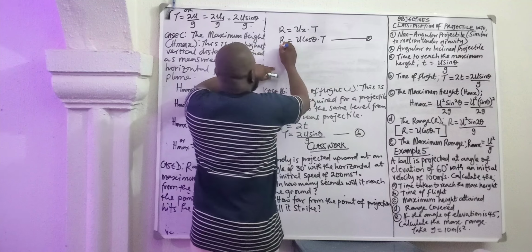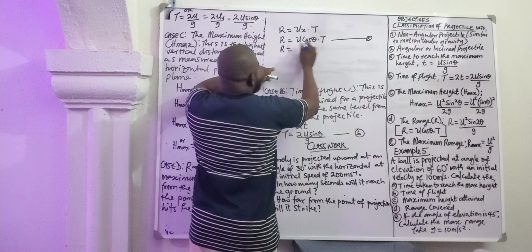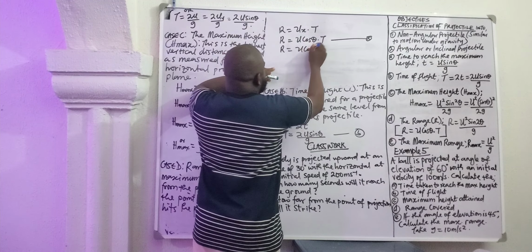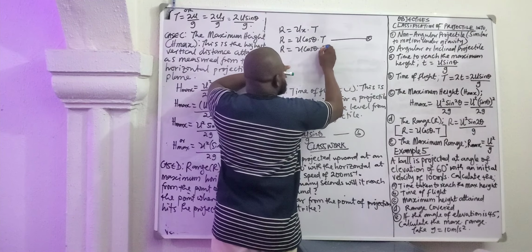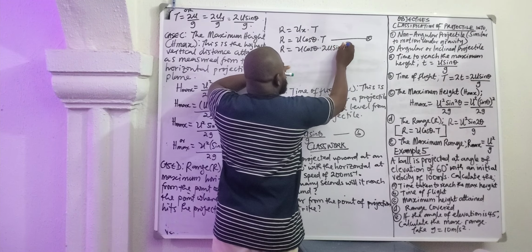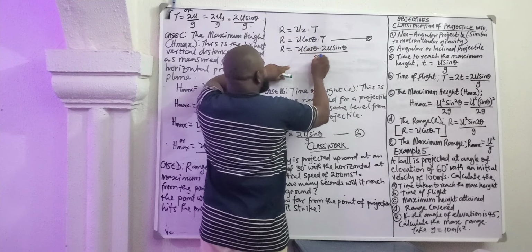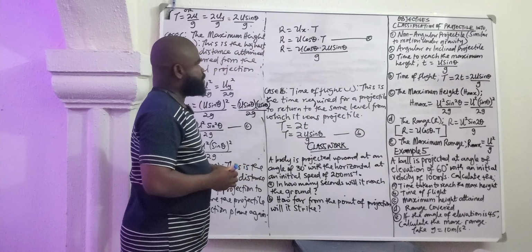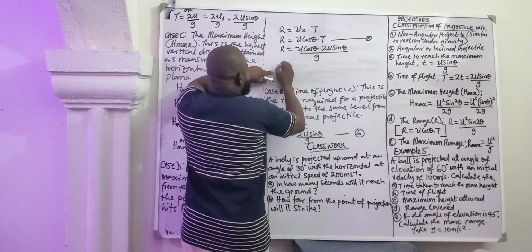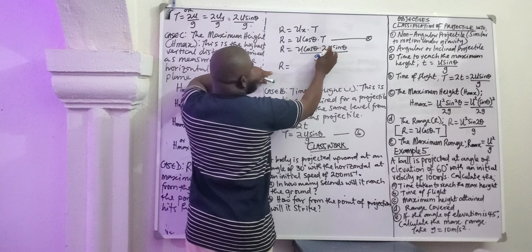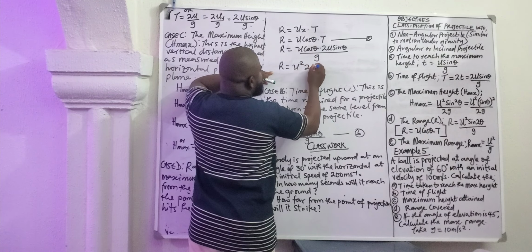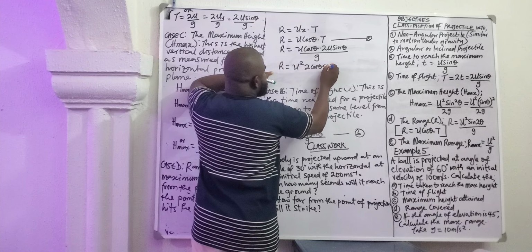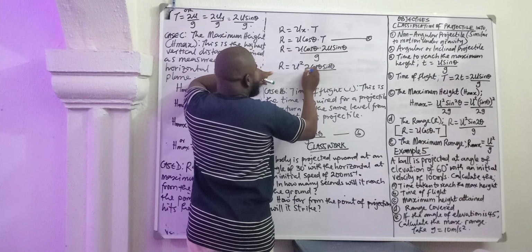Then if we continue, we have that the range, in place of total time of flight, I will put 2u sine theta divided by g. Now we have that the range equals u, we multiply u, that gives me u squared. I will have 2 cos theta sine theta divided by g.